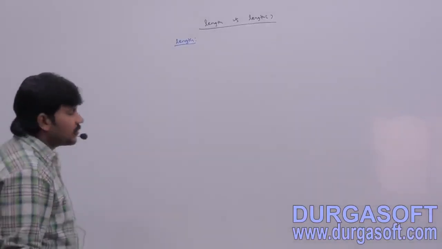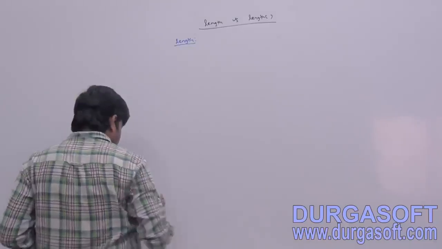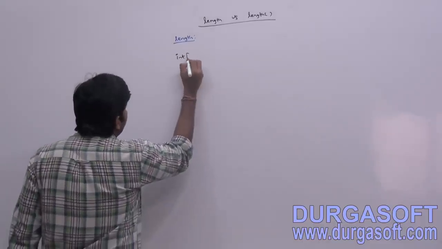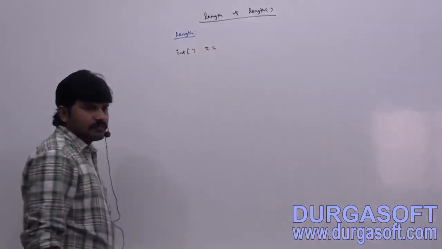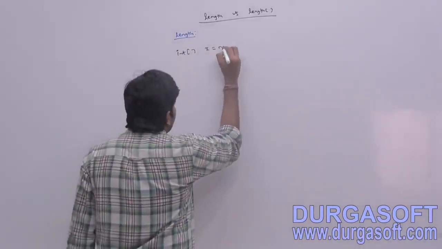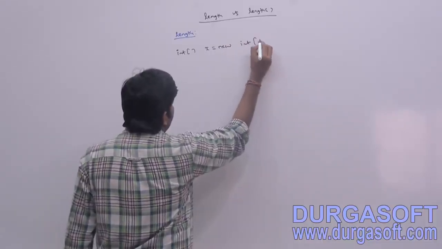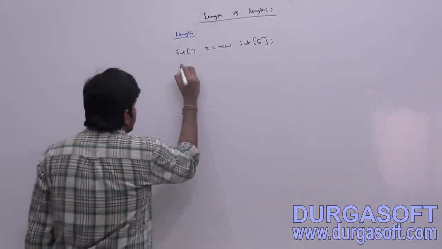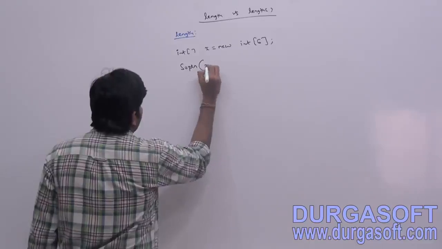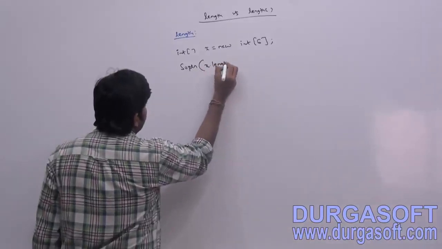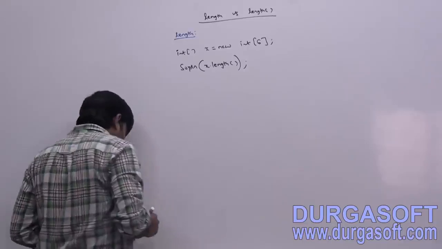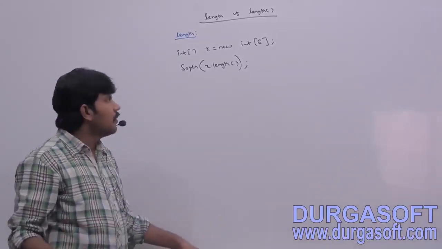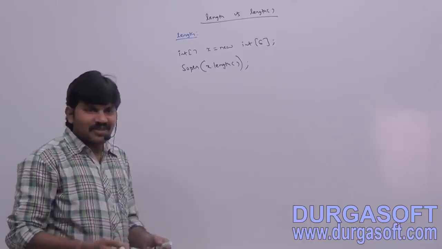Just observe. Here I am taking int array x is equal to new int array of 6. System.out.println x dot length. Sir, can you tell what the answer is? What answer are we going to get?